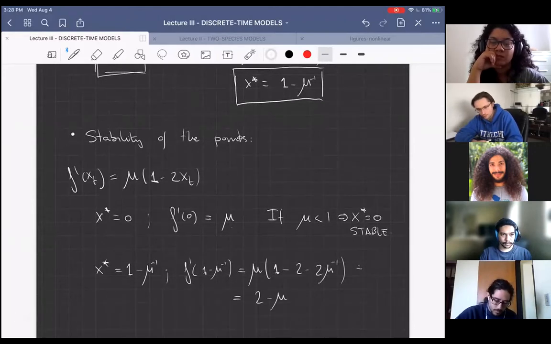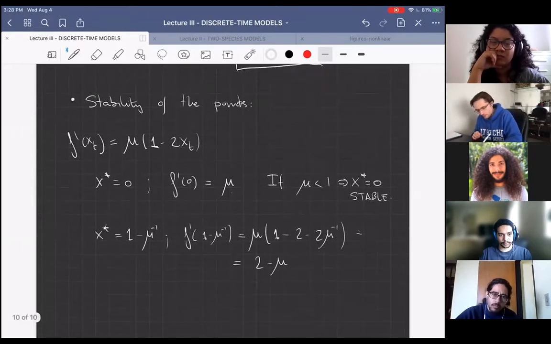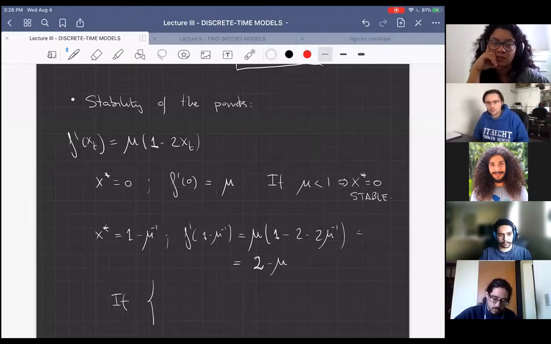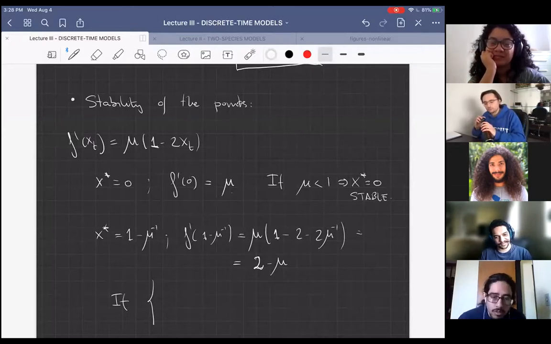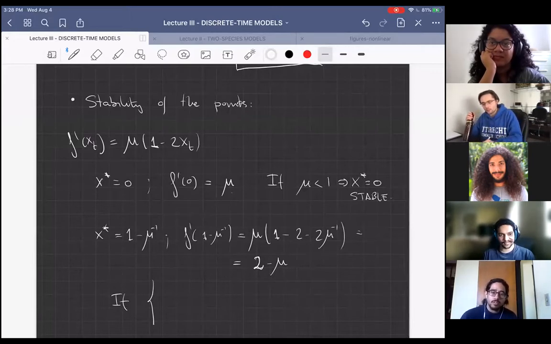Let's skip all the algebra: 2 minus mu. So who wants to tell me the conditions of stability of this fixed point? I can drink a bit of water, as my throat is a bit dry. When is this smaller than 1?